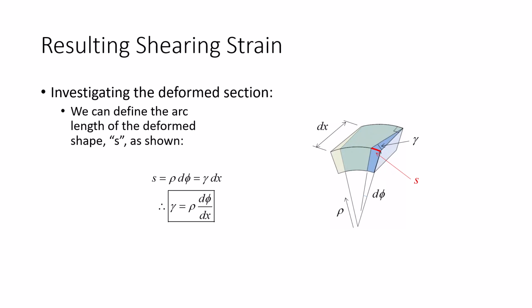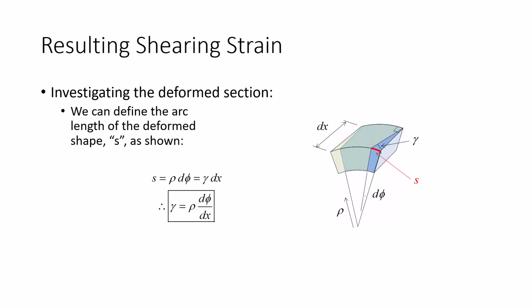Now, the way I'm going to do that is I'm going to look at this little arc length right here, and I propose that that arc length equals this radius times this angle, or it could also equal this radius times this angle. So I can pretty easily eliminate that arc length, because what I'm interested in is determining the shearing strain.